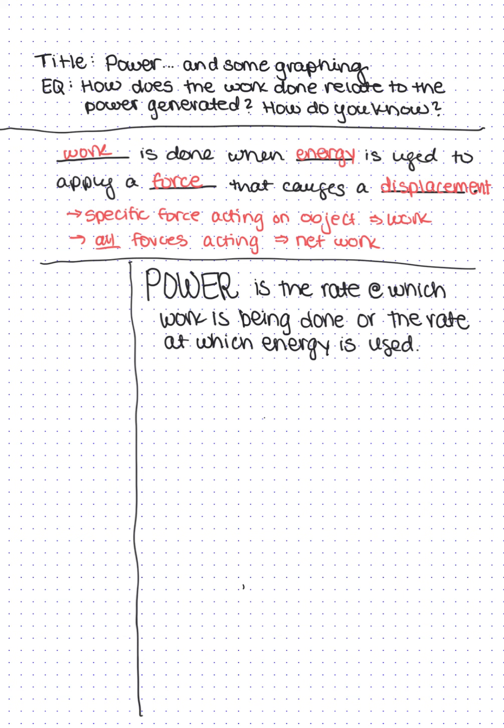So this ties into that pre-assessment question about two students doing who did more work or less work, and they do the same work. What would be different is power.